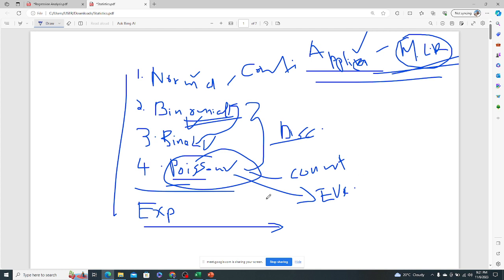Also in Poisson we have the aspect of a period of time. So you'll be able to see the probability of maybe two events occurring within one hour.